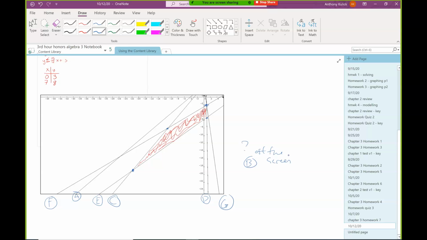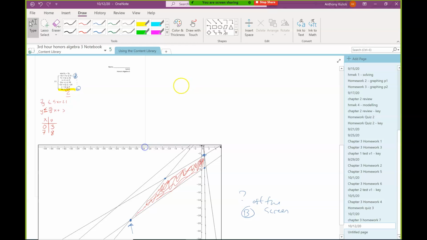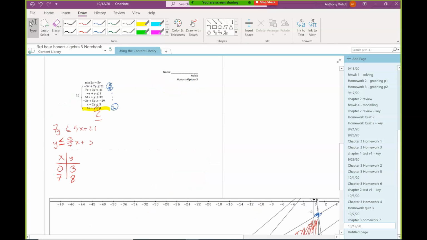So, if I look, this point here is the intersection between E and C, right? So that's the first step. So, E and C. C is here. And E is here, right?